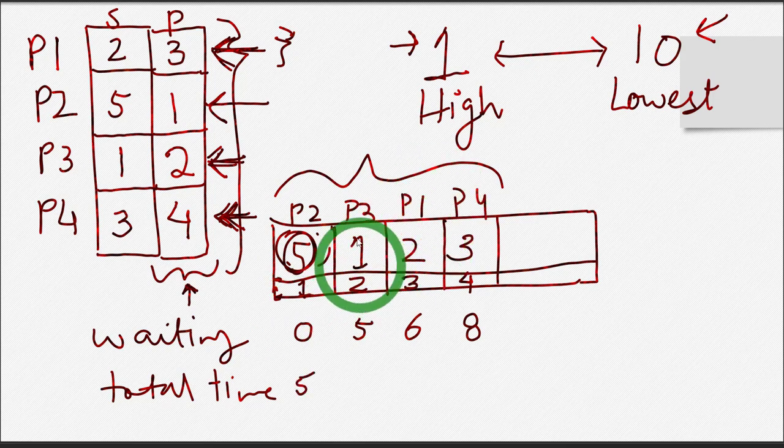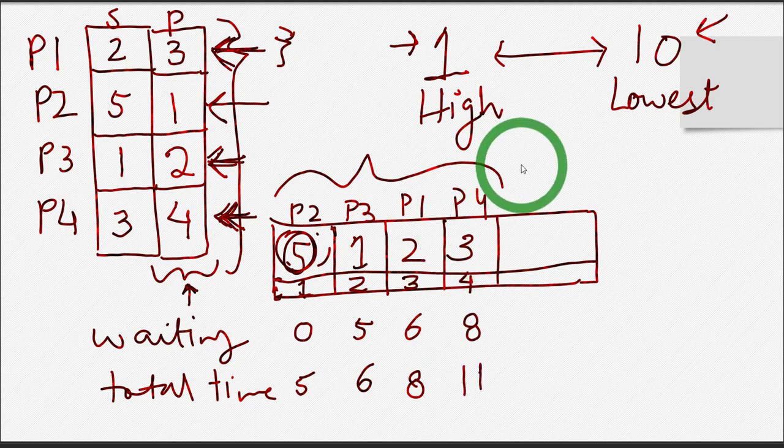In the second case, process P3, that will be 1, the service time of its own, and 5, the time that it waited for others. So 5 plus 1 equals 6. In the case of the third process, it will be 2 plus 6, which equals 8, and for the last process, it will be the service time 3 plus the waiting time 8. So 8 plus 3 equals 11. So this is how you do it.